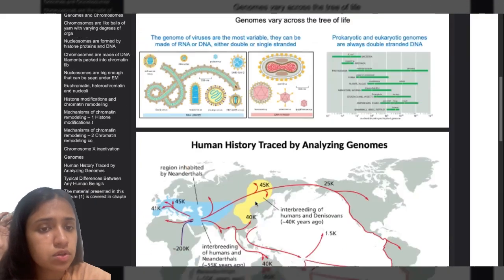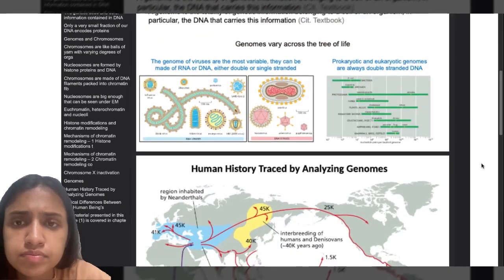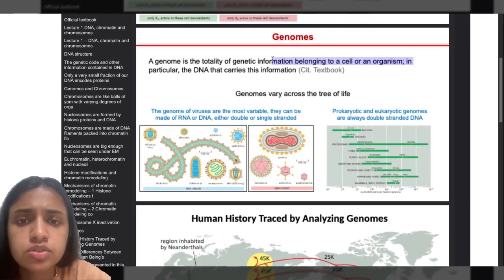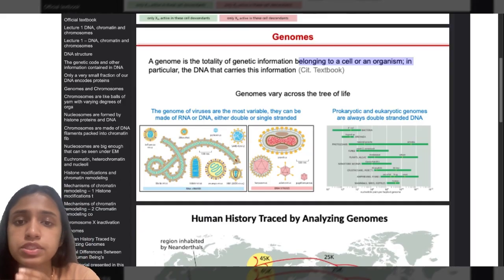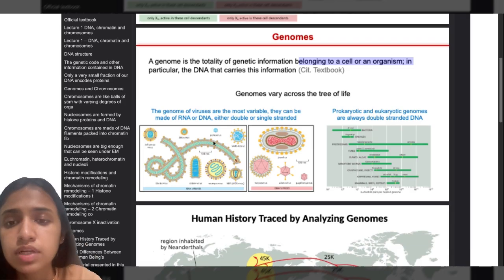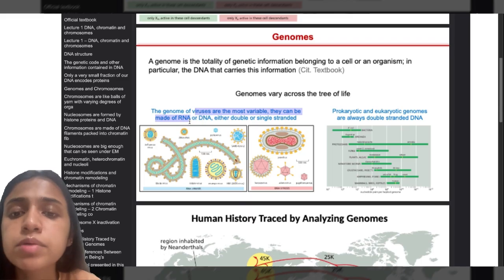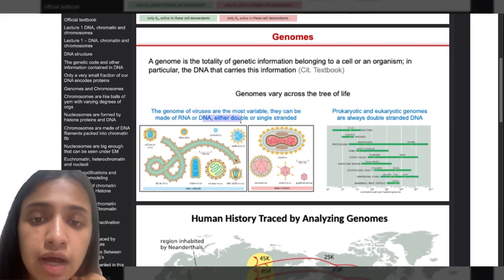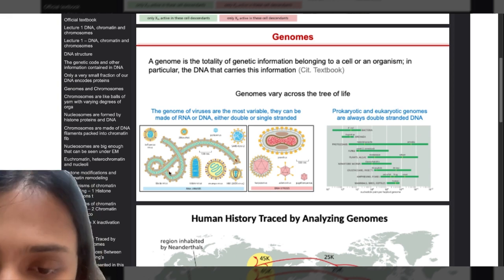Then you have the genomes. A genome is the totality of genetic information belonging to a cell or organism, in particular the DNA that carries this information. Genomes vary across the tree of life. The genomes of viruses are the most variable. They can be made of RNA or DNA, and are either double or single-stranded, because RNAs are obviously single-stranded, whereas DNA is double-stranded.